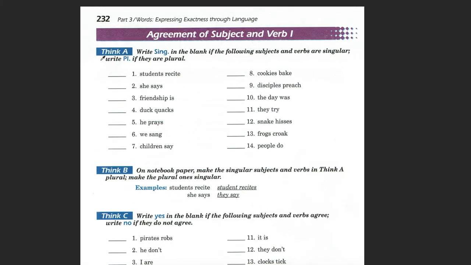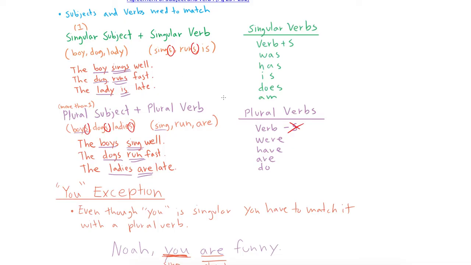Okay, so look at this. Students recite. Are the subjects and verbs here singular or are they plural? We know that students is plural for sure because it has an S at the end. And we know that recite is plural because, remember, go back to our screen here.